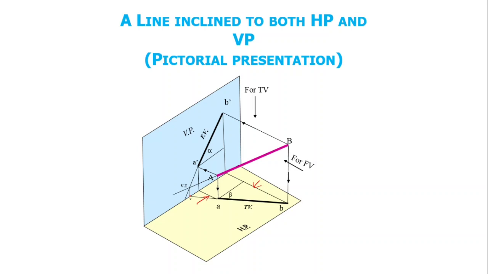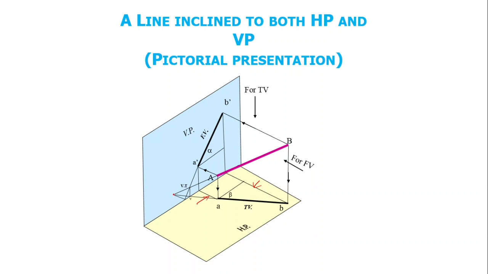This is the actual representation of that concept. This extension of the true length penetrates HP at this particular point, and that point is the horizontal trace.